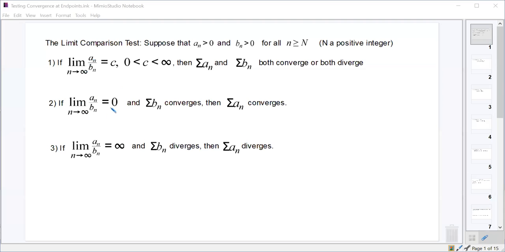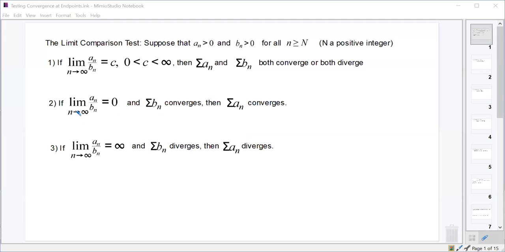Now, if we look at the limit as n approaches infinity of a sub n over b sub n equals 0, then that should tell us that if the one we're comparing to converges, then ours will also converge, because that's indicating that the term in the denominator is larger than the term in the numerator.